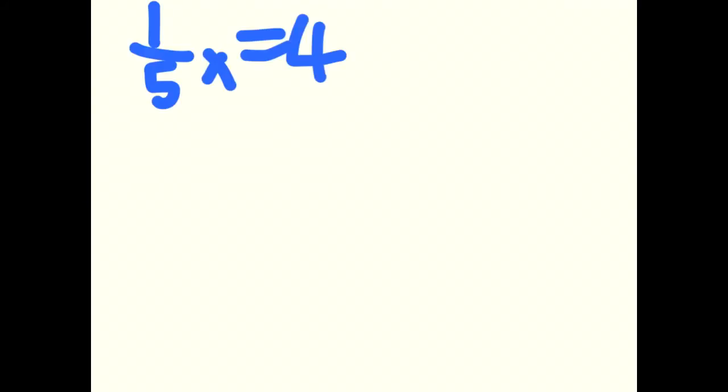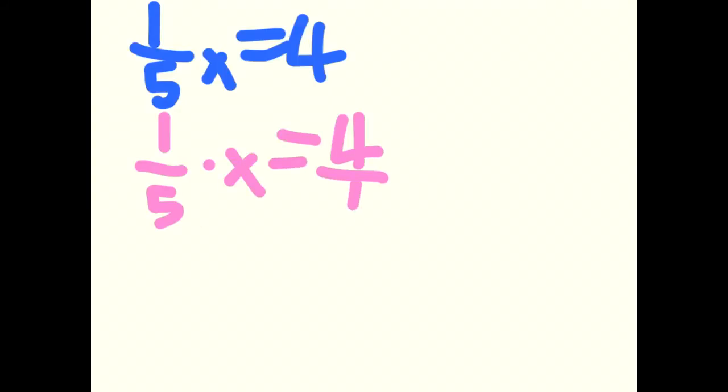1/5 times x equals 4. So what we do, I'm just going to do this to make it easier. So I'm going to do this, and don't bother the background stuff, it's just static and things.